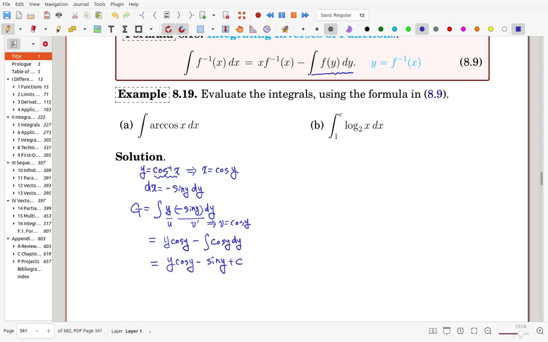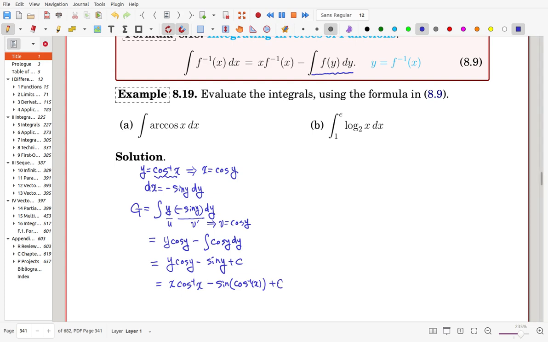Here y is cosine inverse of x, and cosine y is x, so that gives x times cosine inverse of x, and minus sine y itself, which is square root of 1 minus x squared, plus c.